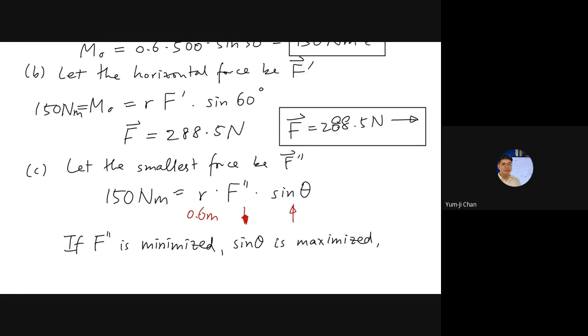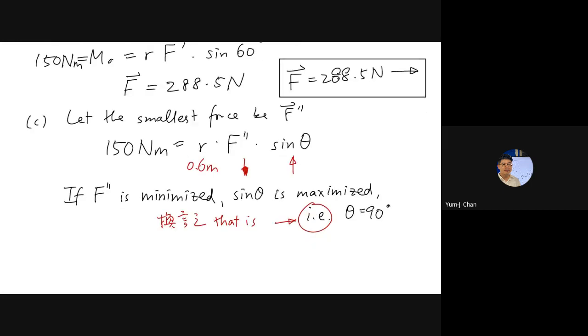So sine theta is maximized when theta is equal to 90 degrees. If F double prime is minimized, sine theta is maximized, therefore theta is equal to 90 degrees.